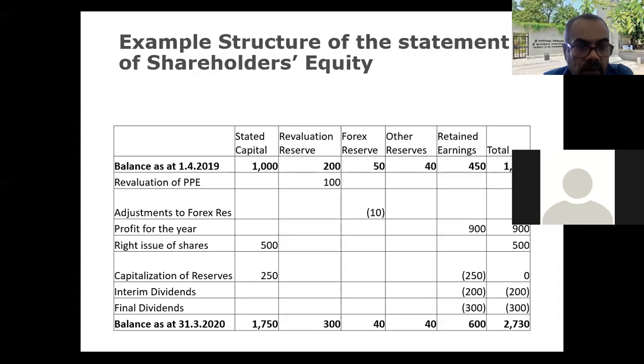Yes, sir. Right. So do you know that both are the same, or how do you understand these things? Same thing or different? Bonus shares, scrip dividends, capitalization of reserves, are they the same thing or different things?